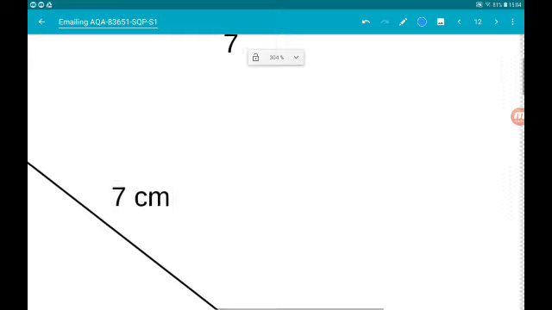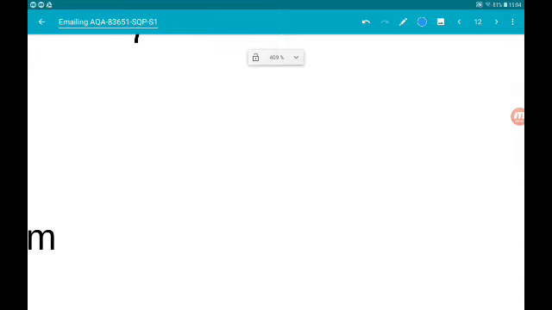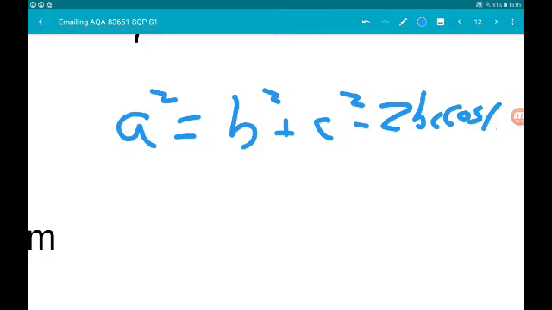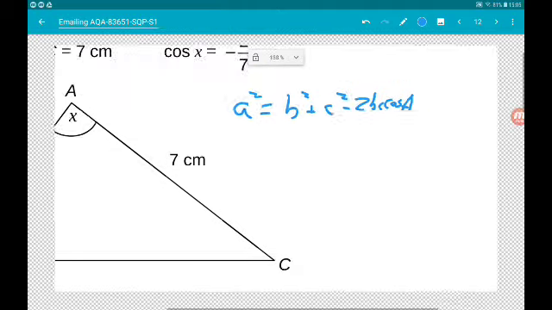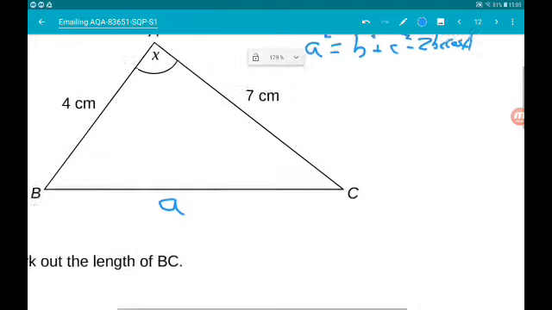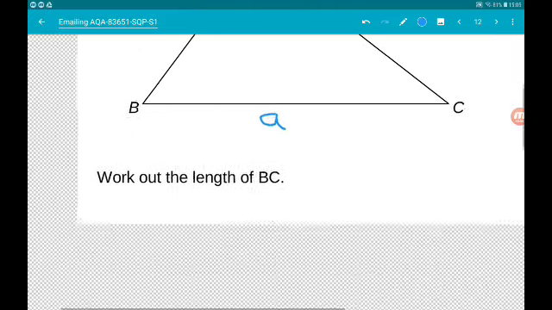Now the cosine rule is this guy: a squared equals b squared plus c squared minus 2bc cos A. So let's call the side that we're looking for a and substitute our stuff in.